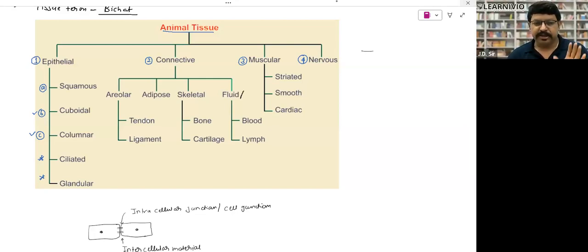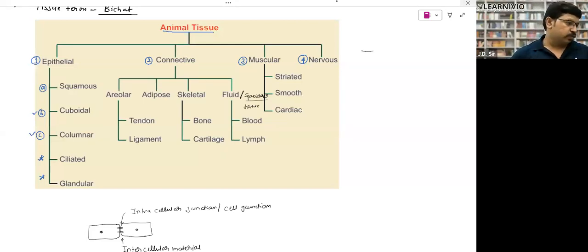But this is the basic and most appropriate classification, which is in front of you on the slide. In place of fluid, you may get specialized tissue.